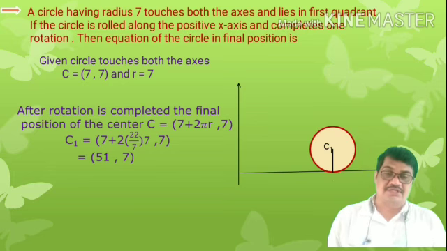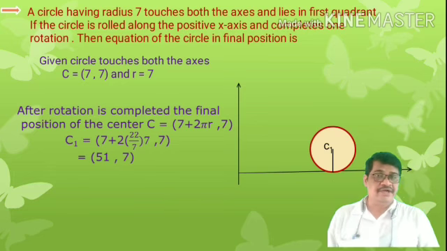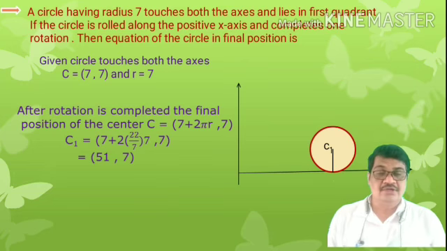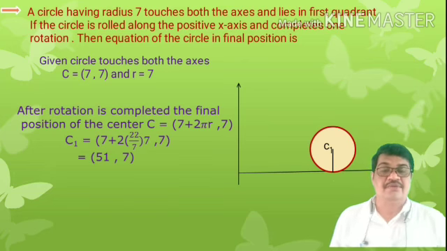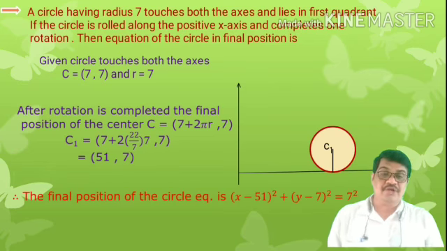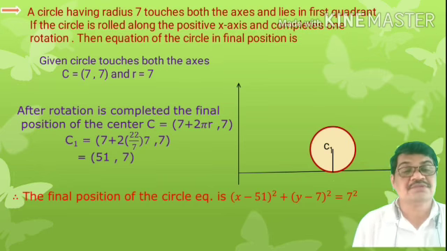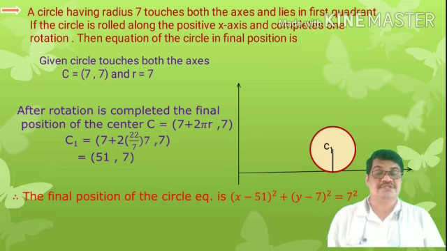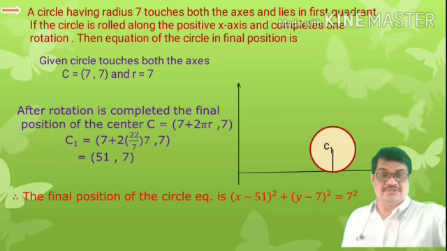So here the center is (51, 7) and the radius is unchanged, so the radius is 7. Now we are finding the required equation. Therefore, the final position of the required circle is (x minus 51) whole square plus (y minus 7) whole square is equal to 7 square.